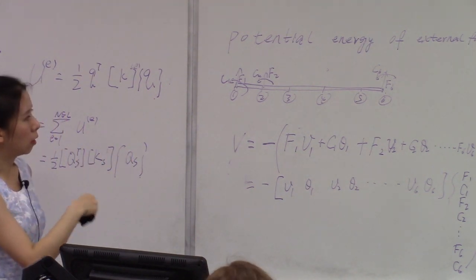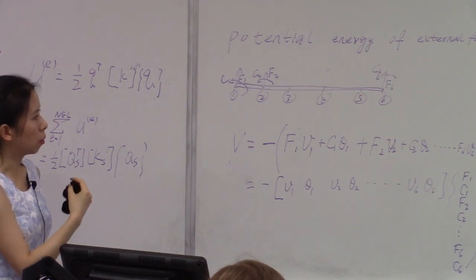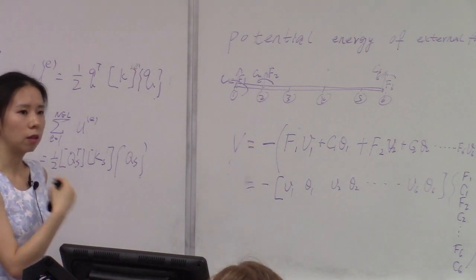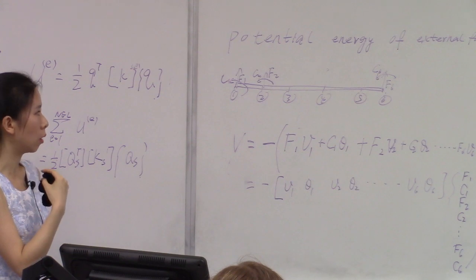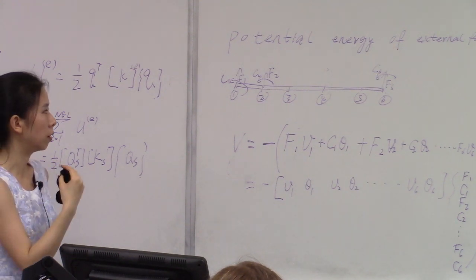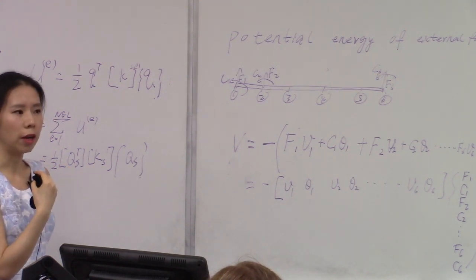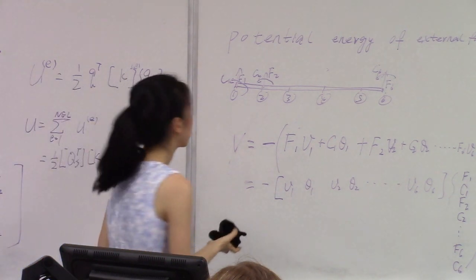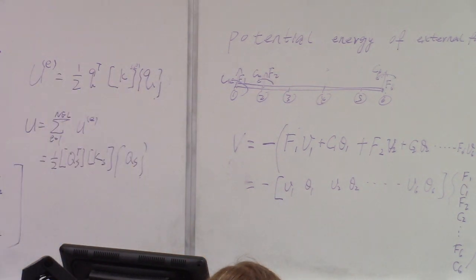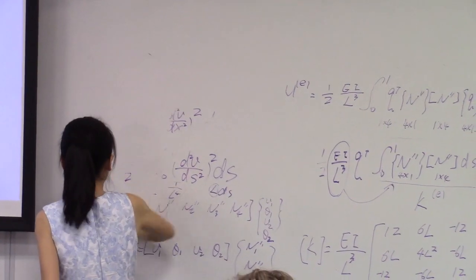Then we find the minimized total potential energy, and then we can find the Q, the V1, theta 1, V2, theta 2, V6, theta 6. Any question here? If no question, we can do an example problem.